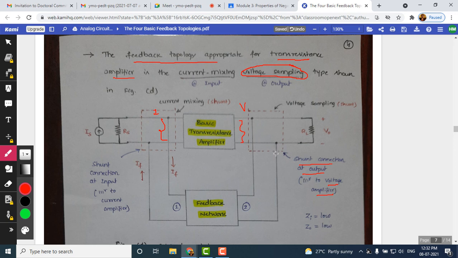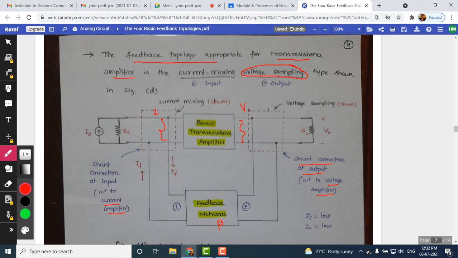Okay, now this sampled voltage signal will go to the feedback network, and here the feedback network will provide the gain beta, and the signal which is coming here should be the current signal, because we need to do current mixing here, since input is going to be the current source for the transresistance amplifier. Look at here, there is a current mixing which is happening, and we have seen this in the current amplifier. The same current mixing has to be done in a shunt manner or parallel manner here.